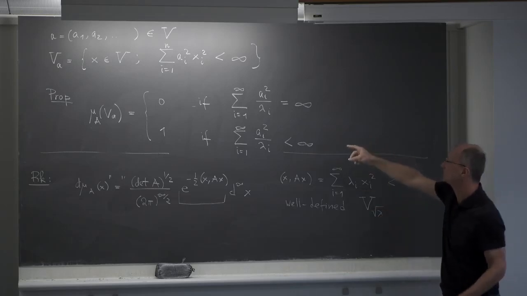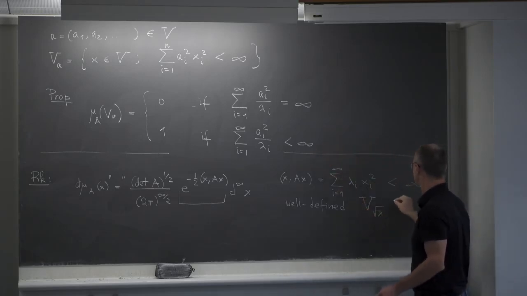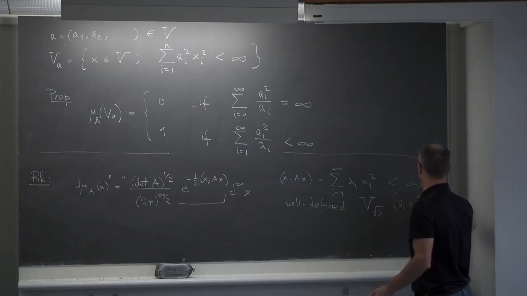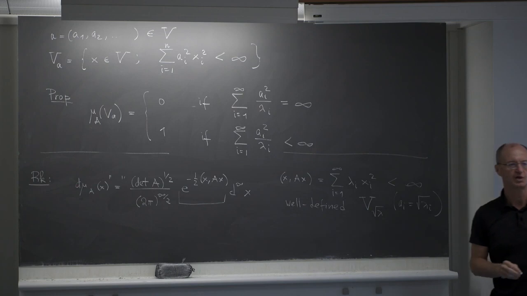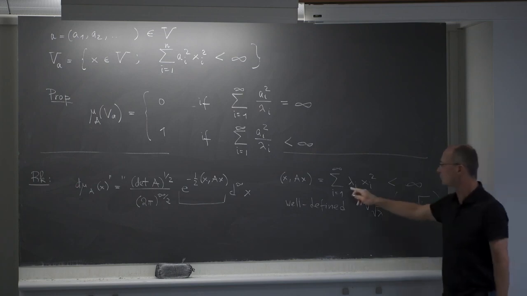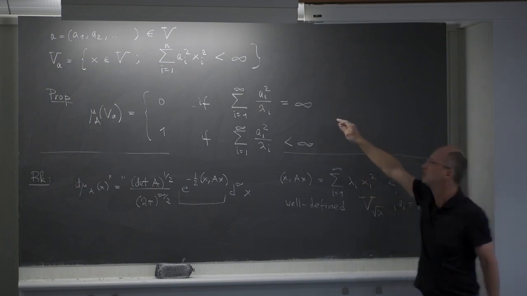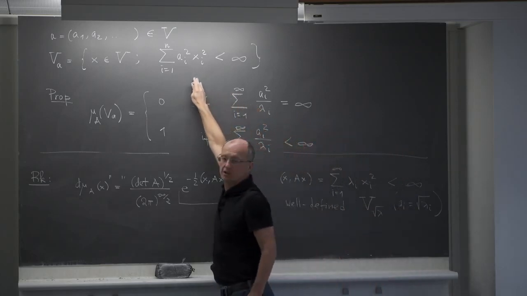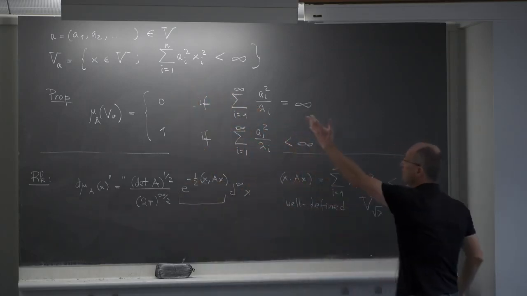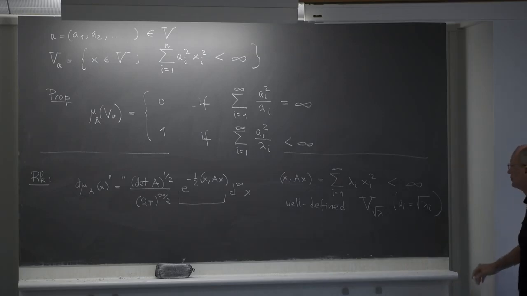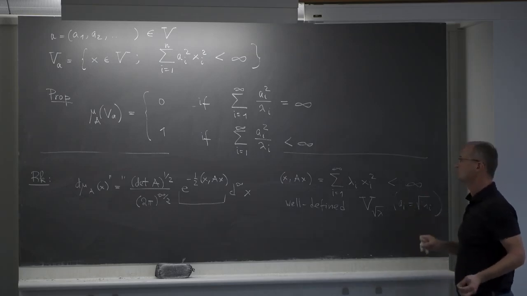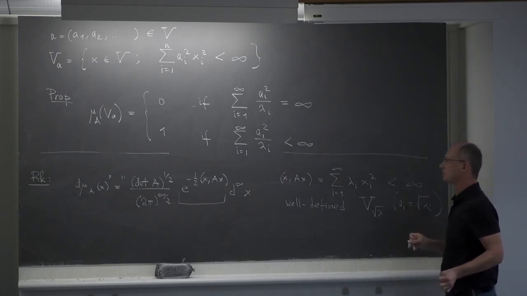So I mean here that A_i is equal to the square root of lambda_i. So this quadratic form is well defined on the subspace, which is defined by the condition of the type that we are considering, and the A_i should be square roots of lambda_i.